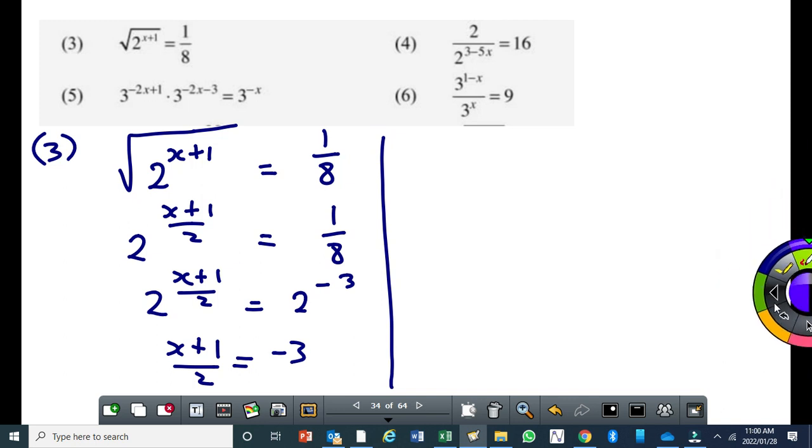So from here, we will get x plus 1 equal to negative 6. So you get x equal to minus 7.